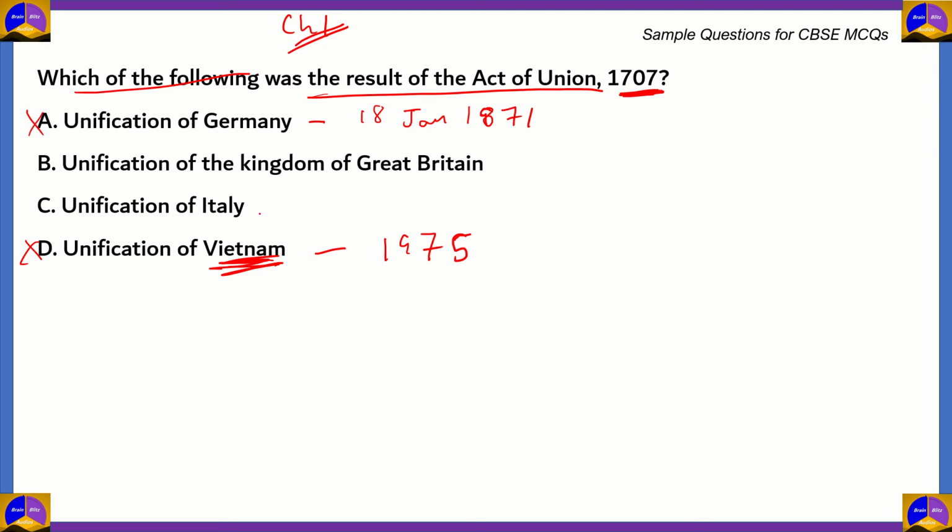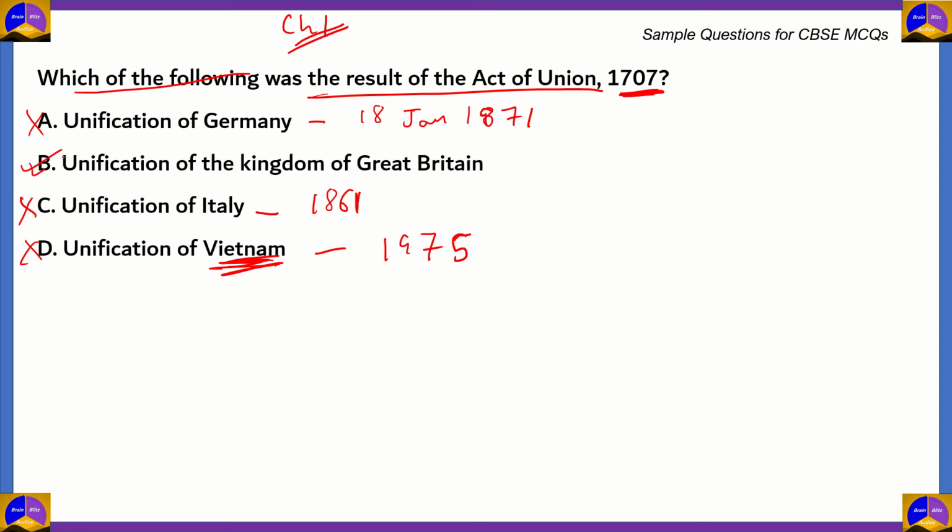What about option C, Italy? Well, Italy was united by the efforts of Count Cavour, King Victor Emmanuel II of Sardinia, as well as Giuseppe Garibaldi, and that happened in the 1860s. 1861 was the year in which Italy was unified. So option C is incorrect.